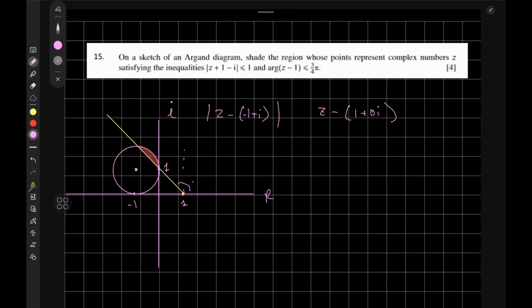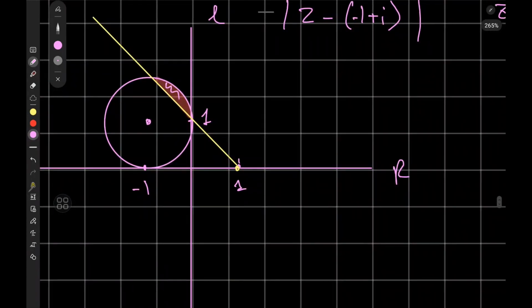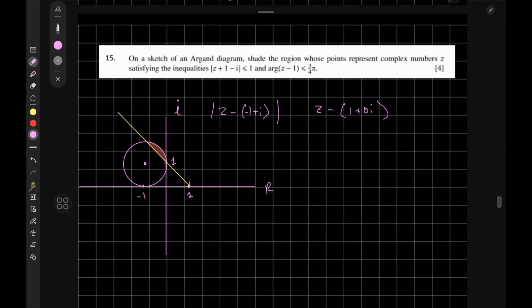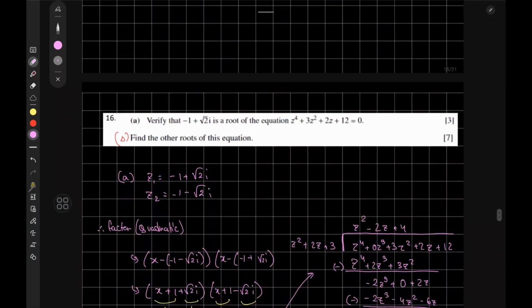So the total is 3/4 of a pi, or 135 degrees. So yeah, you draw this line and shade this small area, which is representing the values of z, the complex numbers z. The complex numbers can lie in this small area to satisfy both of these inequalities. Great. That is question 15.